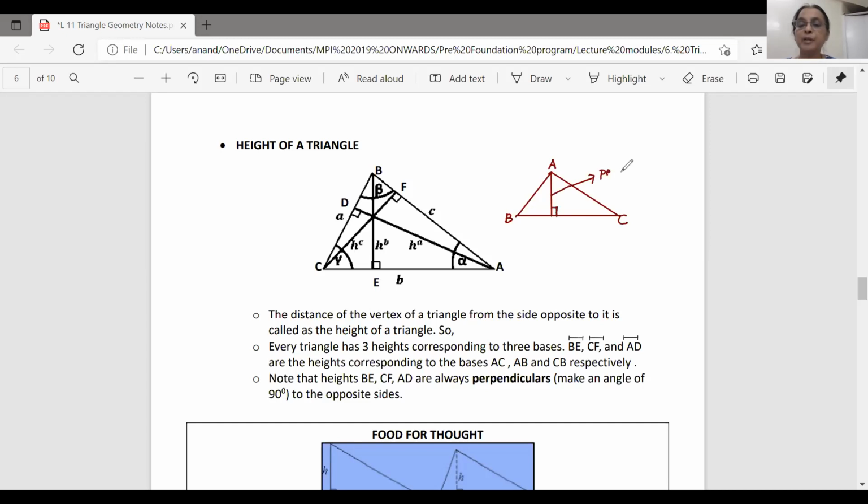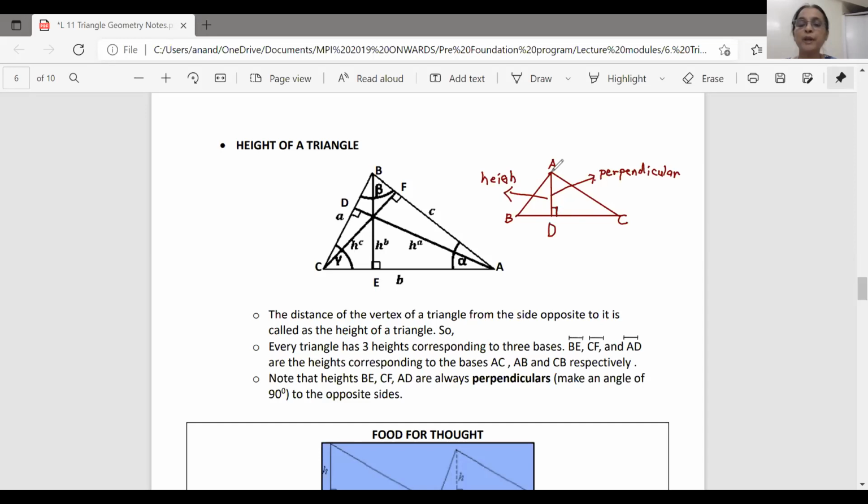perpendicular drawn from A to BC. See the term I'm using. This is a perpendicular drawn from the vertex to the opposite side, and such a perpendicular is called the height of the triangle.